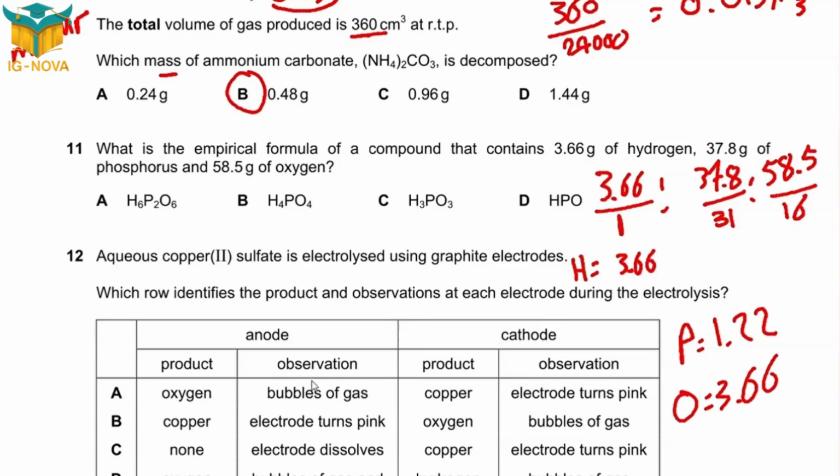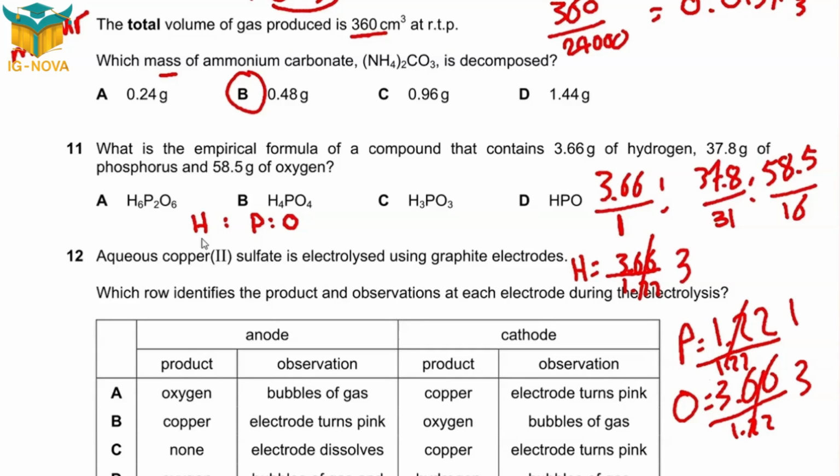So the ratio H to P to O, we divide all of them by the common factor, which is 1.22. Here 1.22, here 1.22: 3, 1, 3. So H3, P1, O3. We have the formula H3PO3. So option C. Okay, easy, huh?